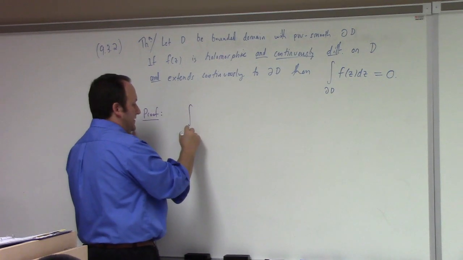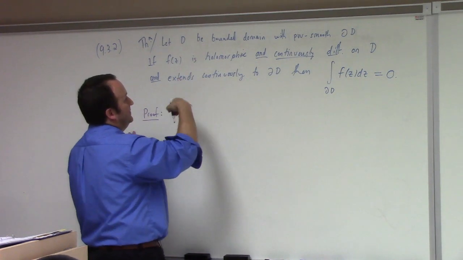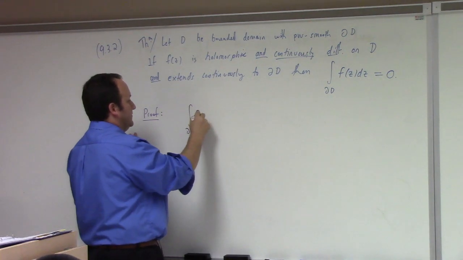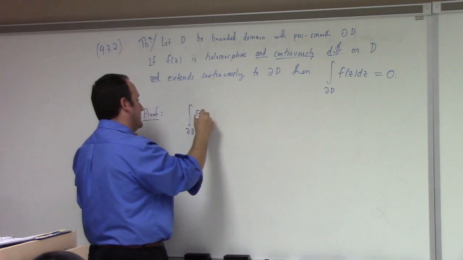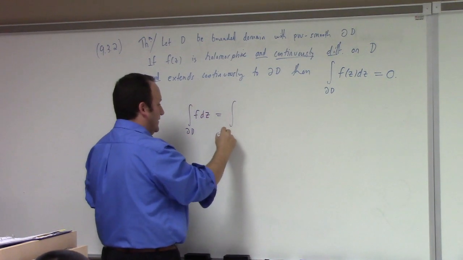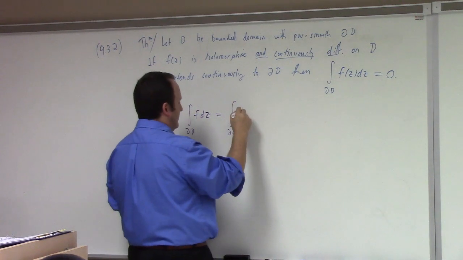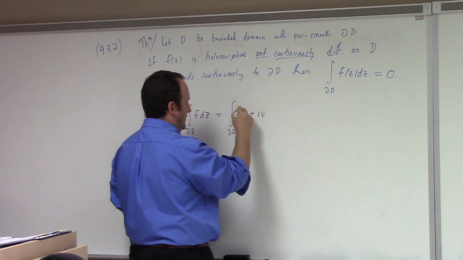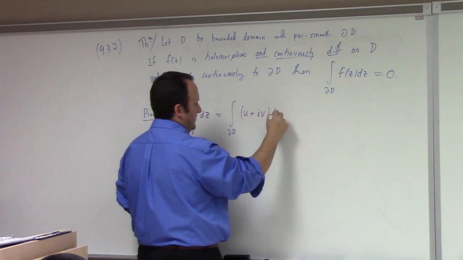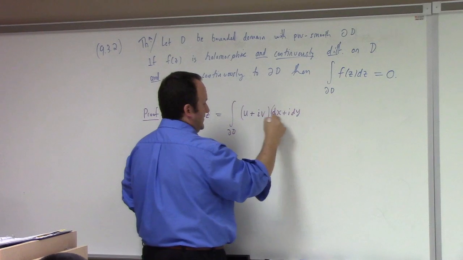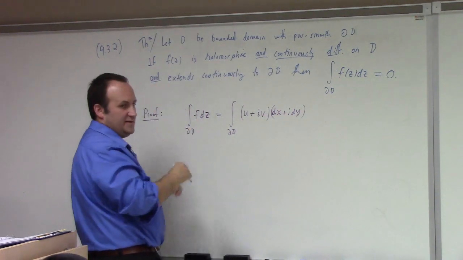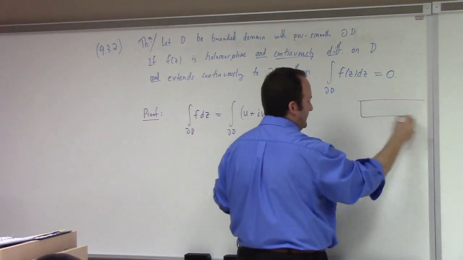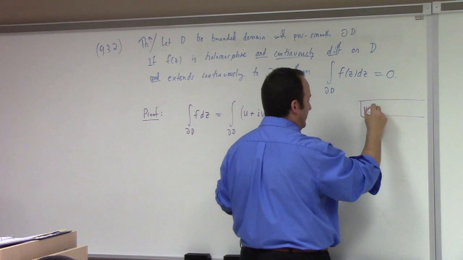The integral over the boundary of D. So I'm going to assume that f is holomorphic and continuously differentiable, and it has component functions, as usual, u plus iv. All right, f is u plus iv. So this can be rewritten as the integral of u plus iv, times dx plus i dy. I'm just writing that down off to the side; this is just a mnemonic for me to remember.